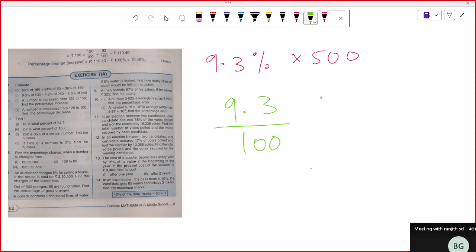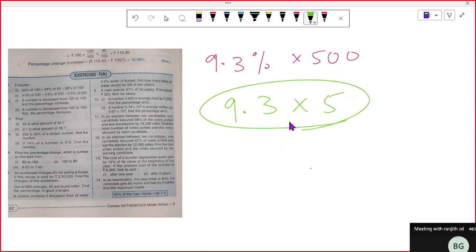So divide by 100, multiply by 500. 100 ones are 5. Then multiply 5 into 9.3. So for the first one, this is how you solve. 9.3 into 5 is 46.5, sir. Yes, 46.5.